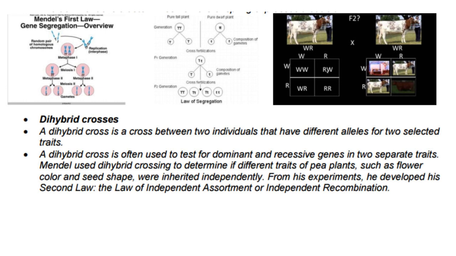Mendel used dihybrid crossing to determine if different traits of pea plants, such as flower color and seed shape, were inherited independently. From his experiments, he developed his second law, the law of independent assortment or independent recombination.